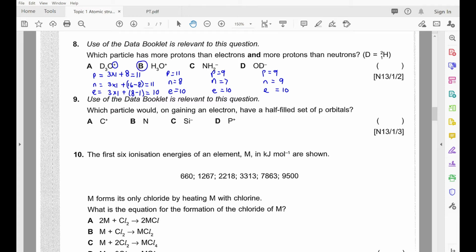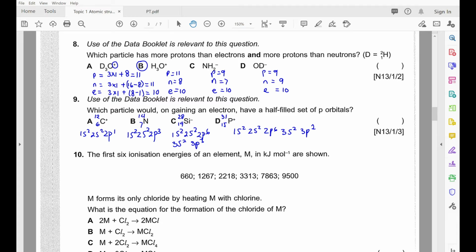Question 9. Which particle would, on gaining an electron, have a half-filled set of p orbitals? So we write down the nucleon number and the proton number first, and we now write down the electron configuration. When gaining an electron, the species will have a half-filled set of p orbitals.